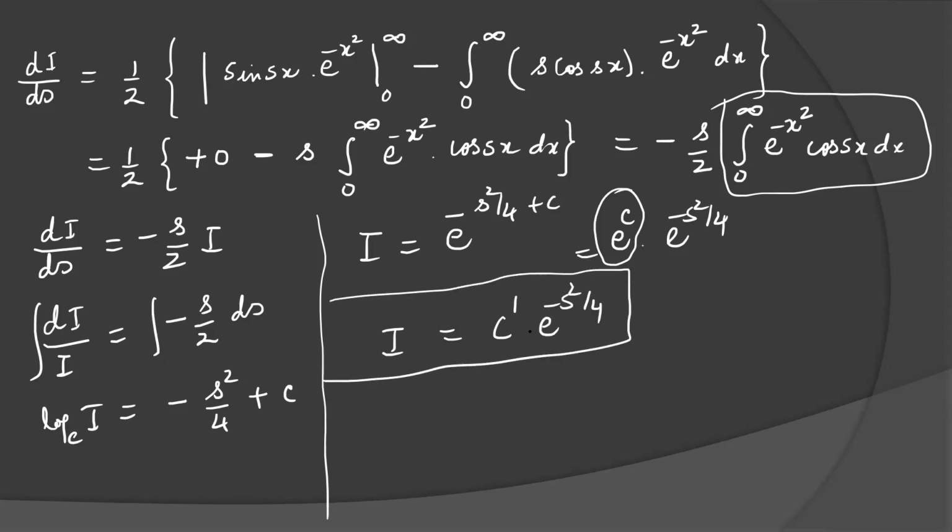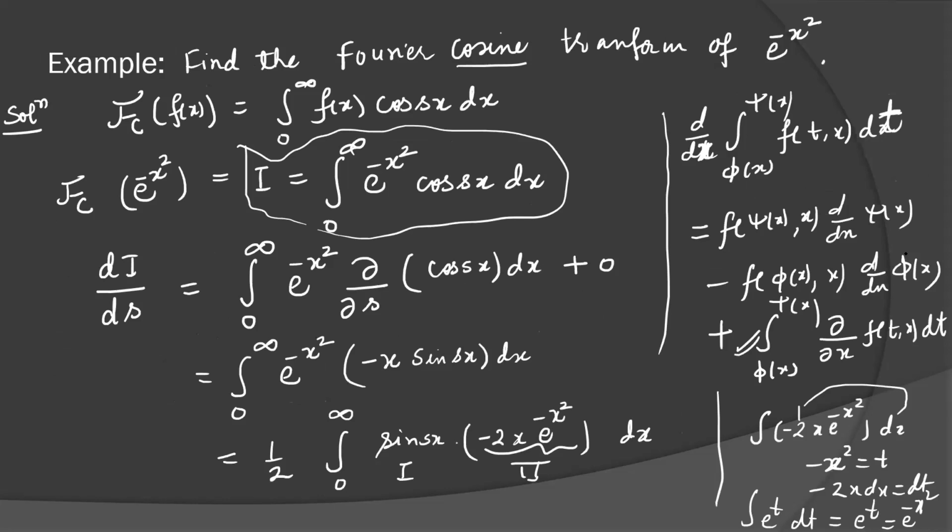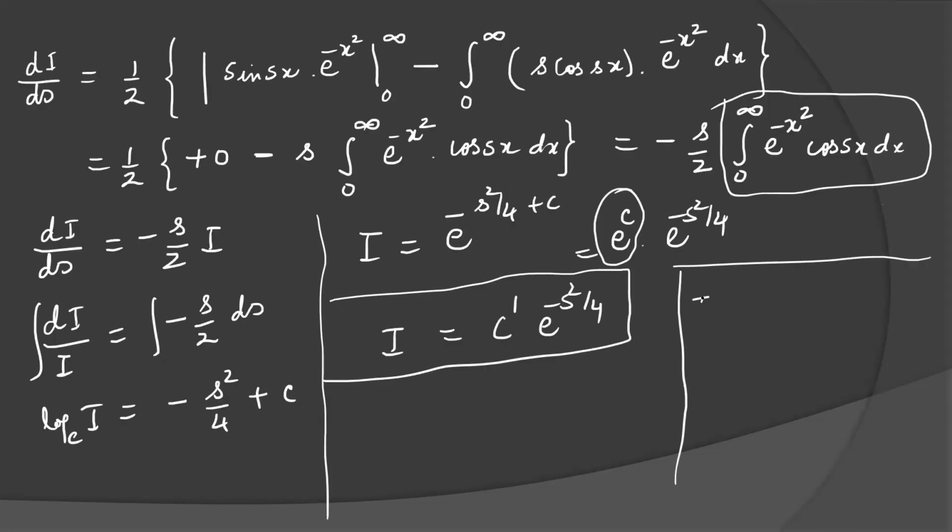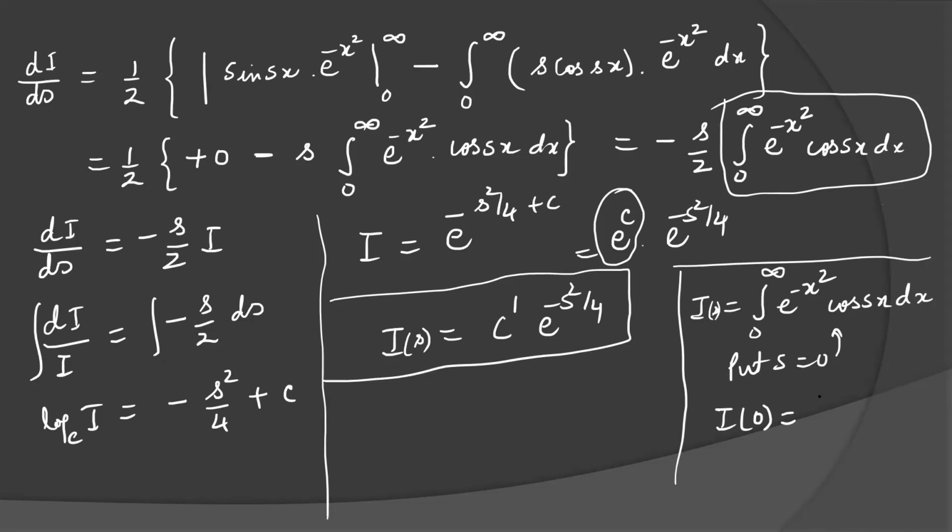Now our aim is to find the value of c dash. For finding the value of c dash, we have to go back to I. What is I? I was the integral from 0 to infinity of e to the power minus x square cos sx dx. You can see that I is a function of s. If you integrate with respect to x, you will get a function of s. So put s equal to 0 on both sides, then I at 0 will be the integral from 0 to infinity of e to the power minus x square dx, because cos 0 is 1.